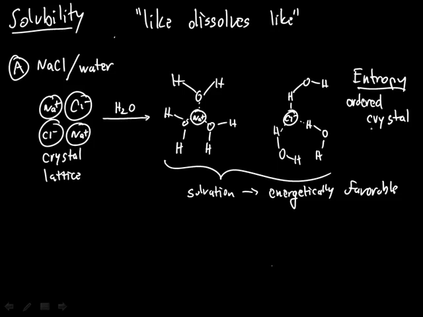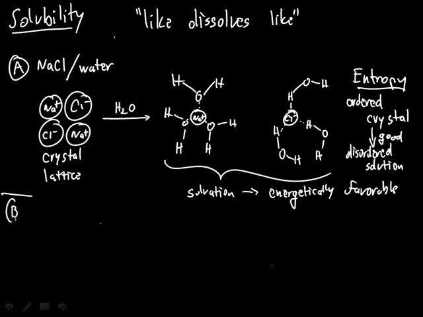And if you think about solution, it's a relatively disordered system because the ions are whizzing around at pretty much random orientation. And so we're going from an ordered crystal to a disordered solution, which is good, right? It's entropically favorable. So this solution of sodium chloride in water is both entropically and energetically, so enthalpically, favorable.